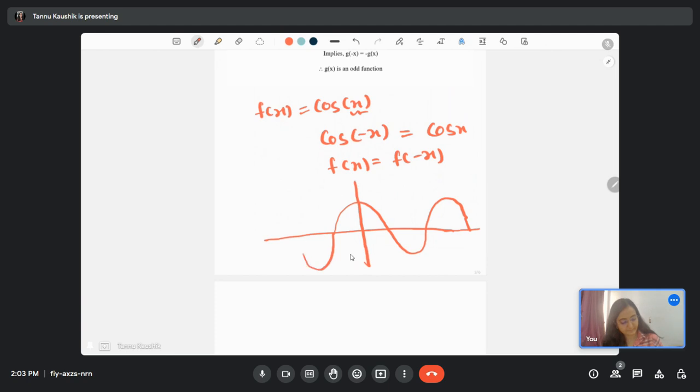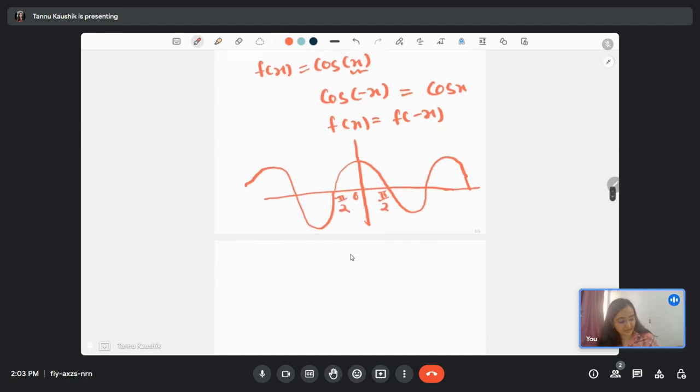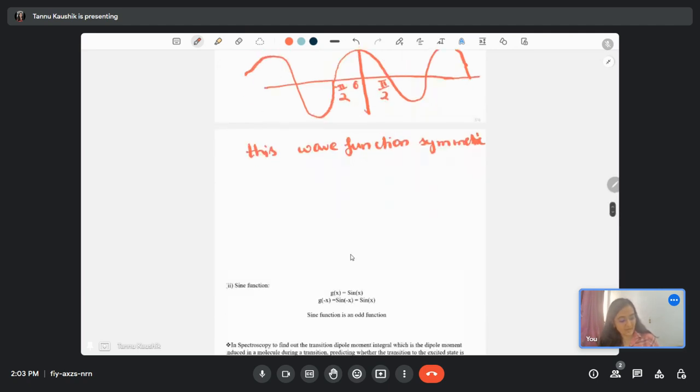We are well aware that if we plot this cos x function, we get this kind of plot for cos x. This is 0, pi by 2, minus pi by 2. So this is showing that this wave function is symmetric.